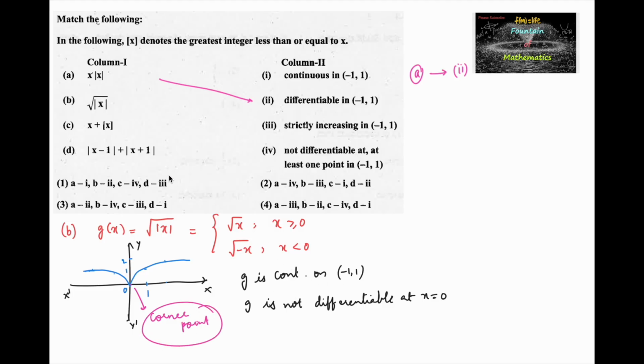So we can say this second function is not differentiable in -1, 1. So not differentiable at x equal to 0, at least at one point, so we can go with option 4.